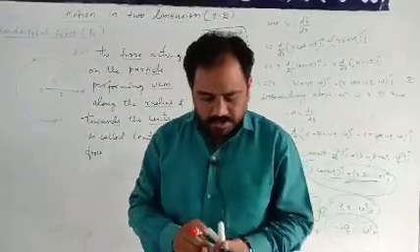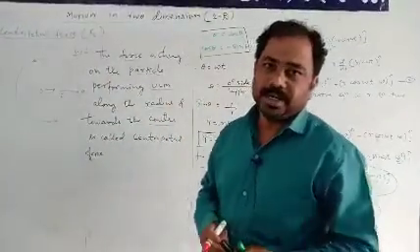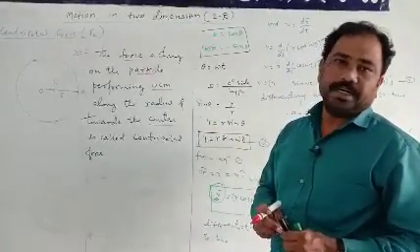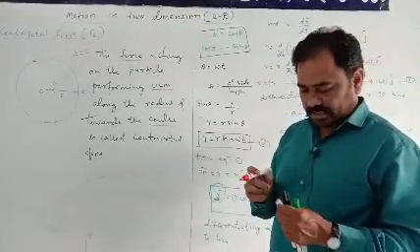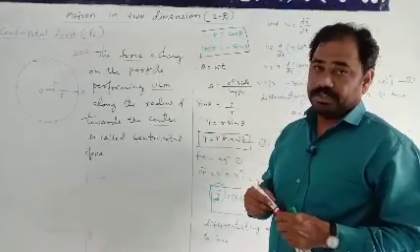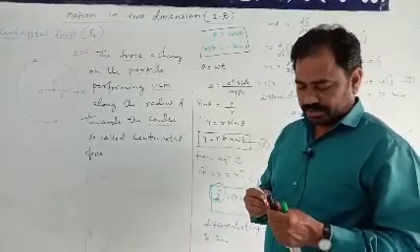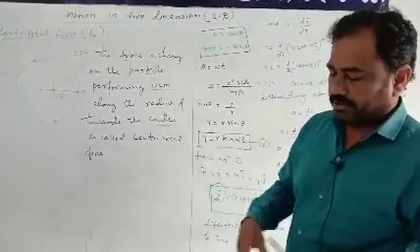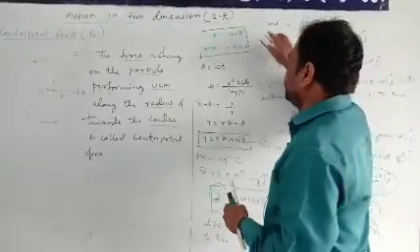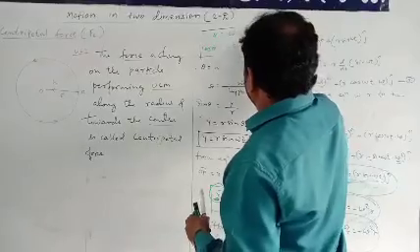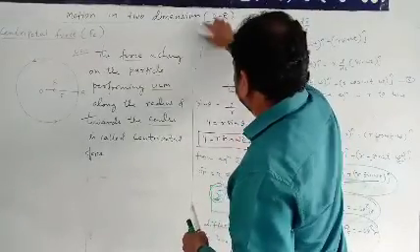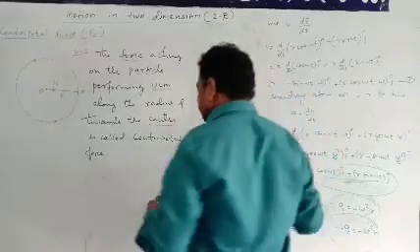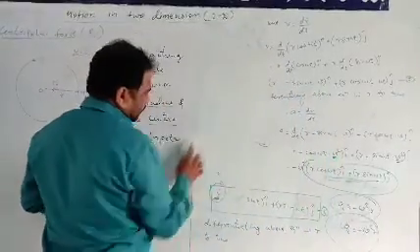Now if we want to calculate the magnitude of centripetal force, how can we calculate it? Yes, we know the basic formula to calculate force. What is it? The basic formula to calculate force is, force is equal to mass into acceleration.